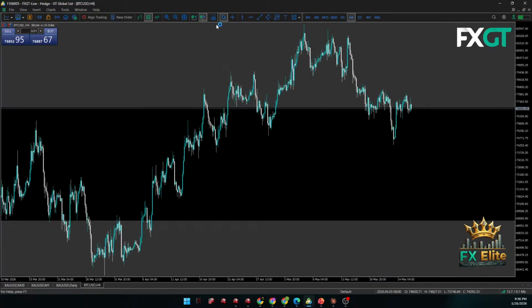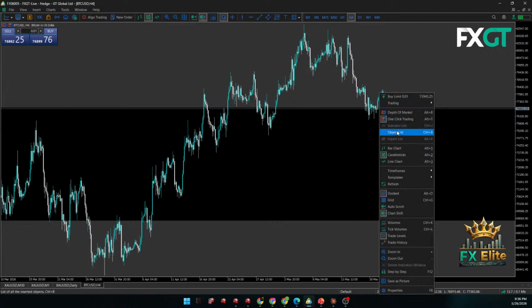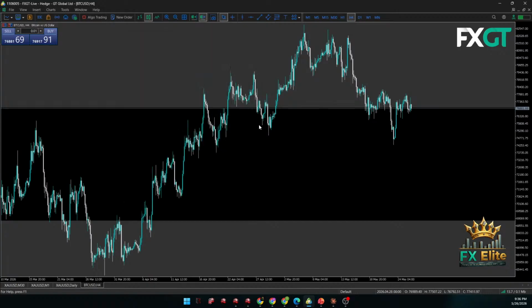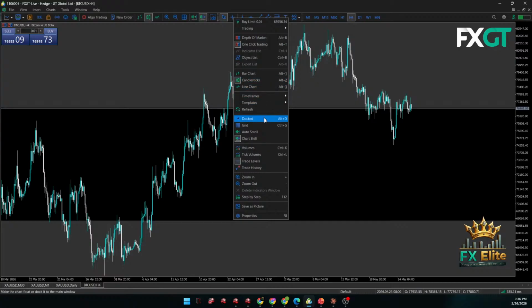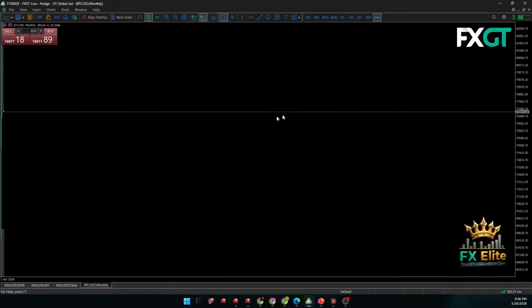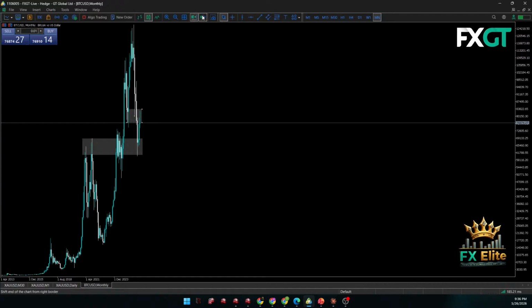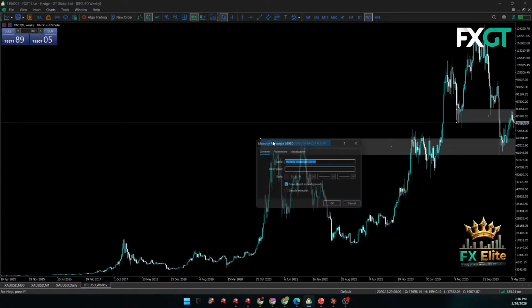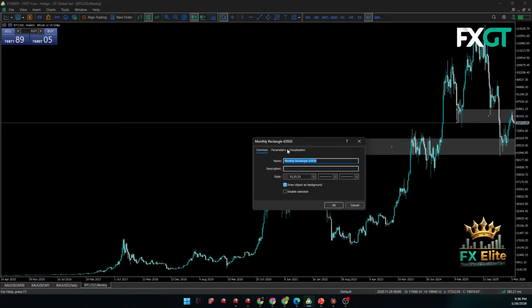Let me see H4. Let me remove the objects. Actually, just for the newbies, these objects that you place, let's say you place this object in monthly, and if you want it to be viewable only in monthly or weekly, you can go to the properties, then the visualization.